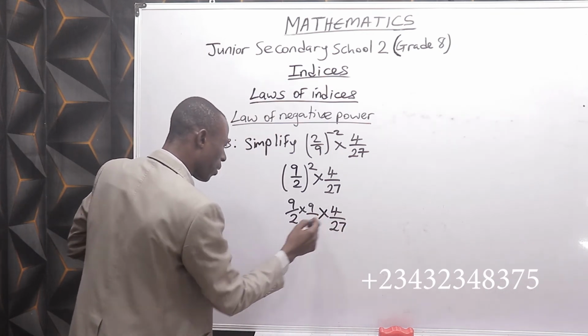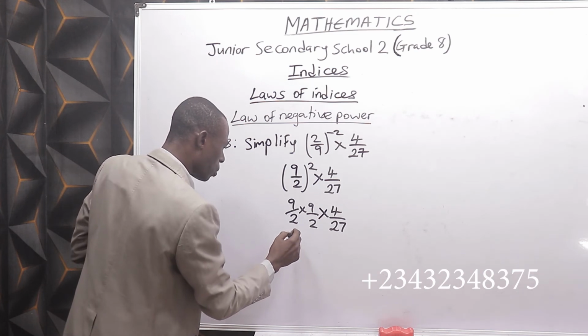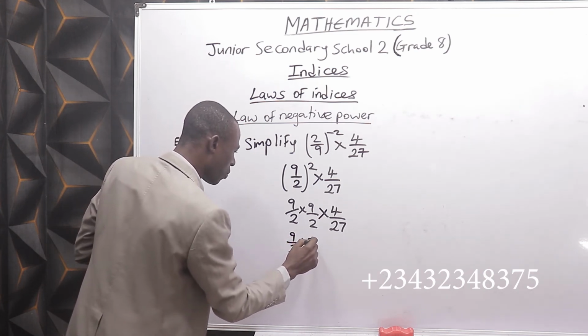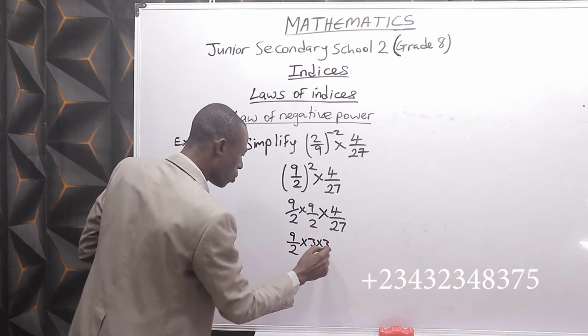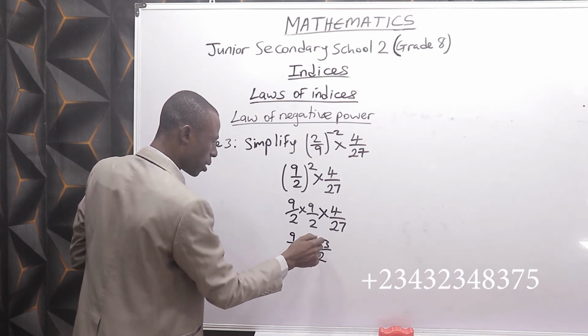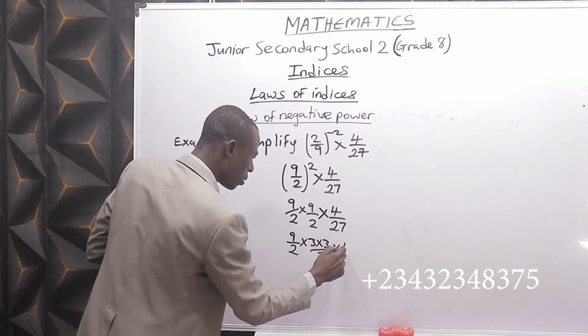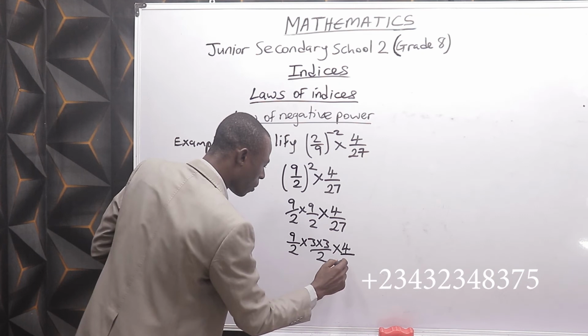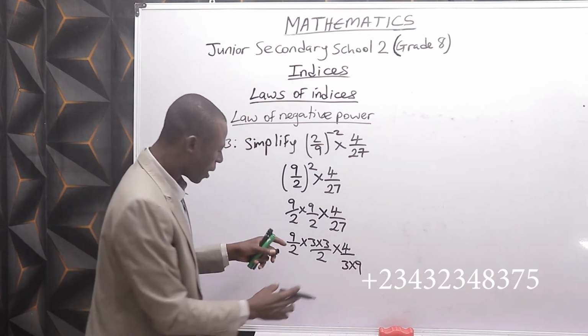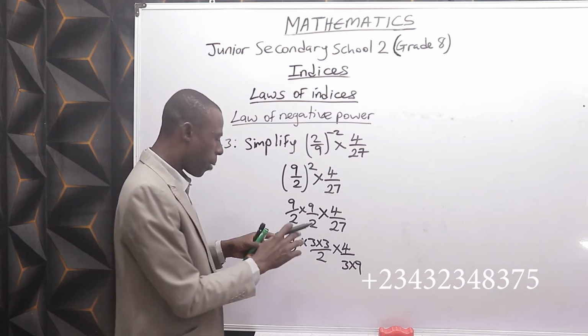So, let's break everything here. This is 9 over 2 times 9 over 2. This 9 I break into 3 times 3, times 4 over 3 times 9. I break this on purpose.